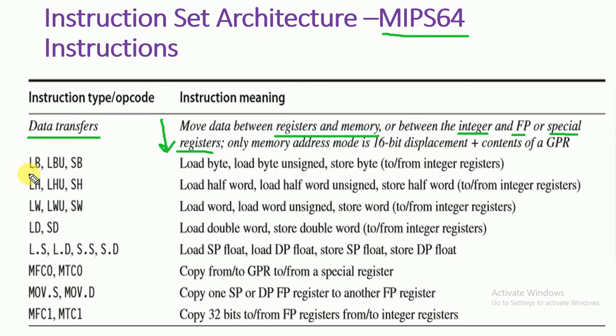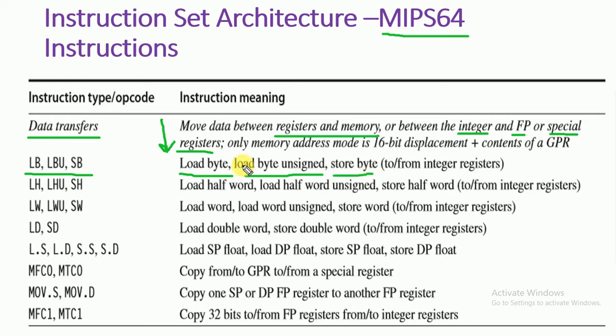For memory access, as I mentioned earlier, the MIPS architecture always uses load and store operations for direct memory access. LB is load byte, LBU is load byte unsigned, which is for loading the byte value from memory. Similarly, store is used for storing the content from register to memory.